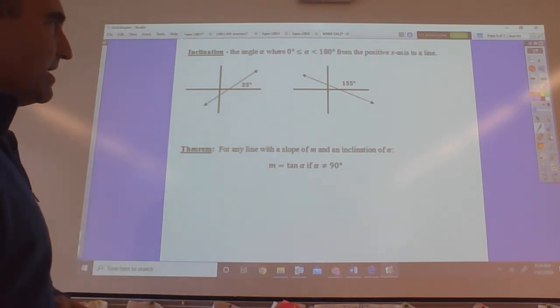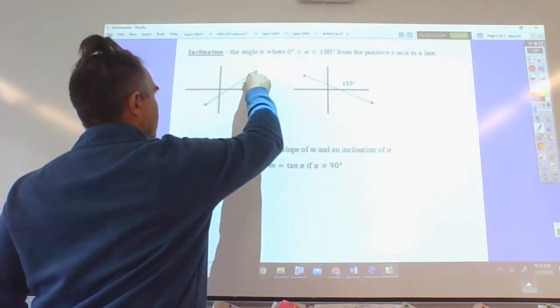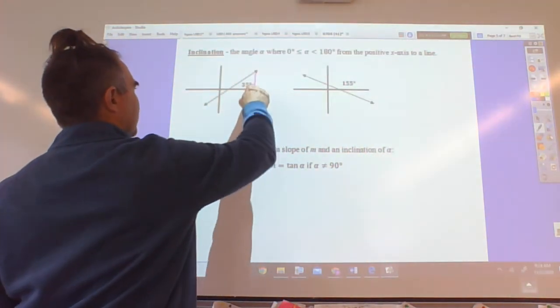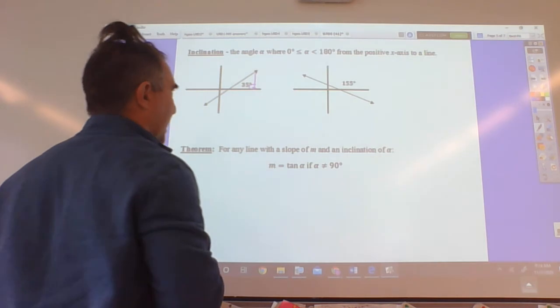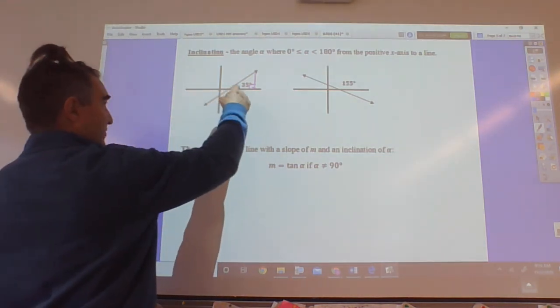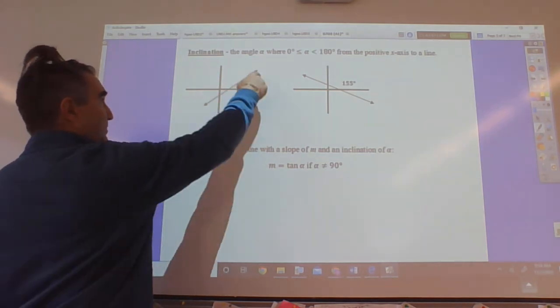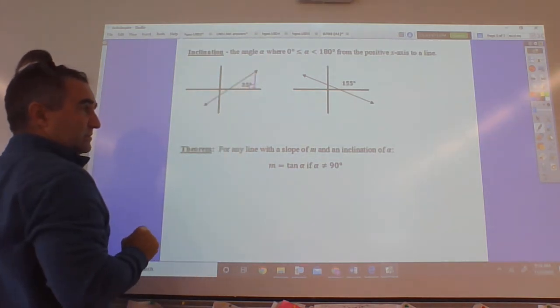And it should make some sense if I were to drop a perpendicular line here, that's a 35-degree angle. The tangent of that angle is y over x, opposite over adjacent.